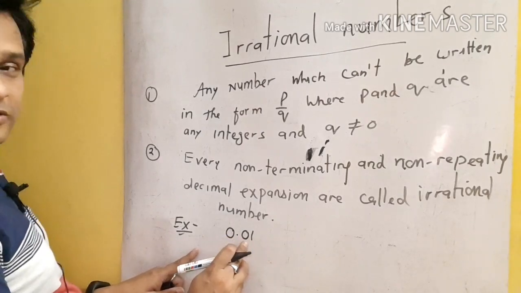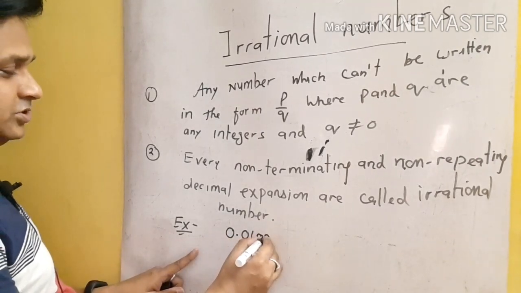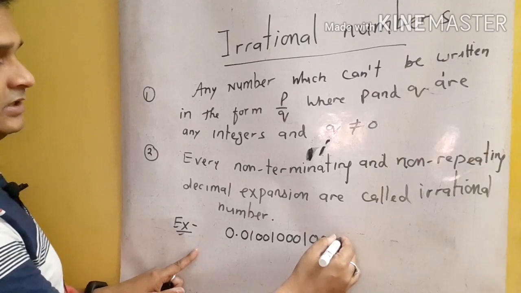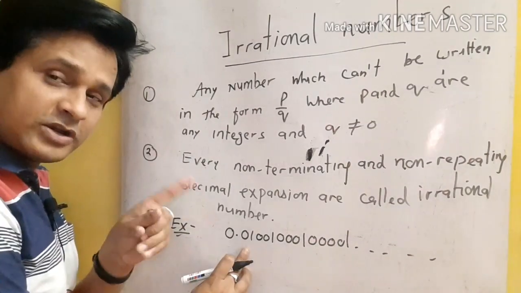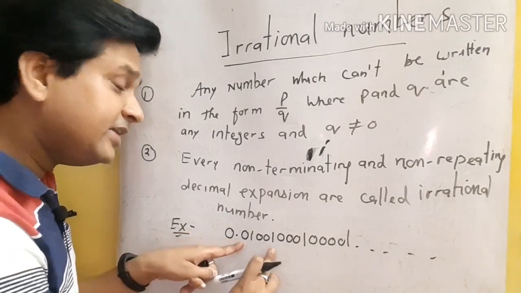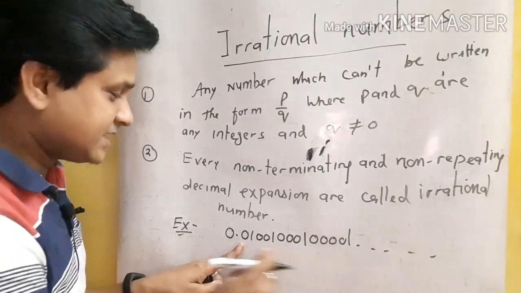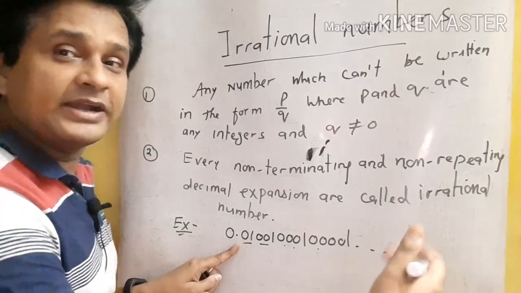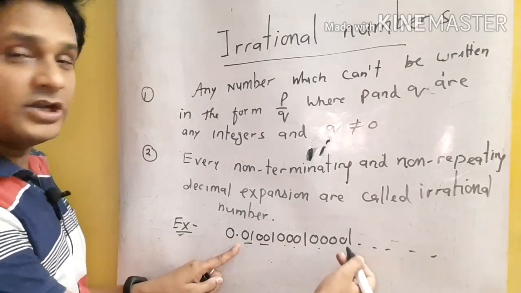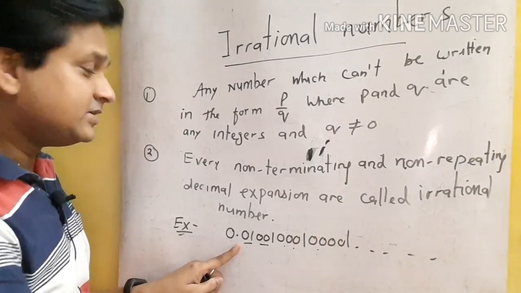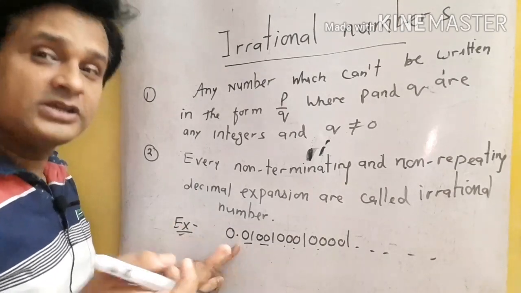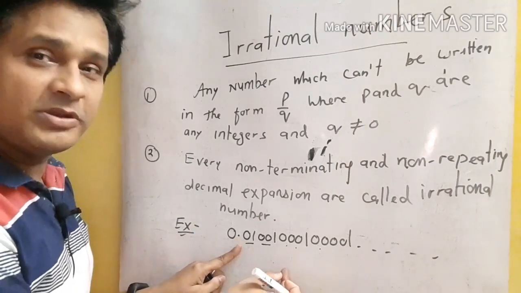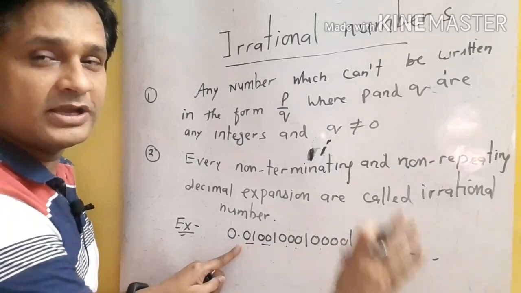You can see 0 and 1 are the digits, but they have different patterns as we move to the right. This cannot be written in bar form, unlike 0.010101, where I can use a bar on 01. So this is non-terminating and non-repeating.